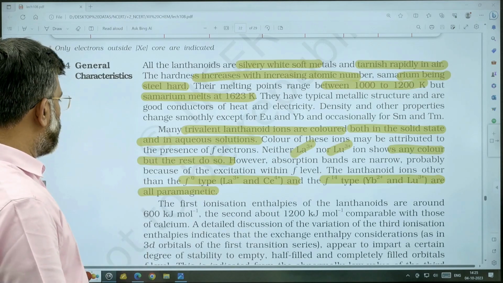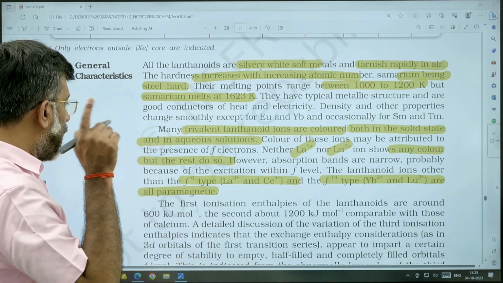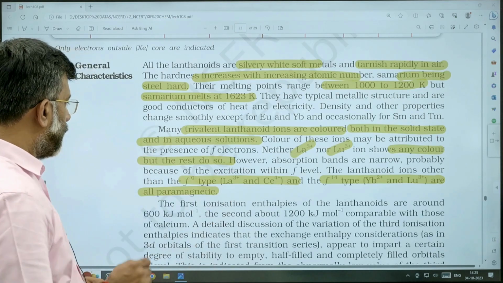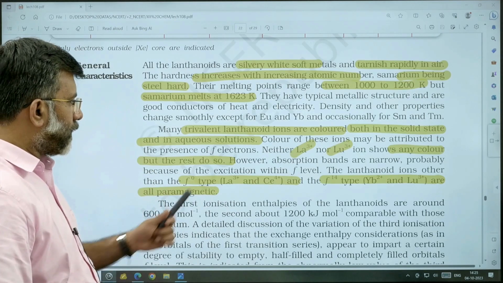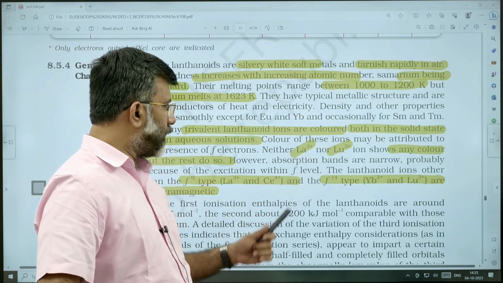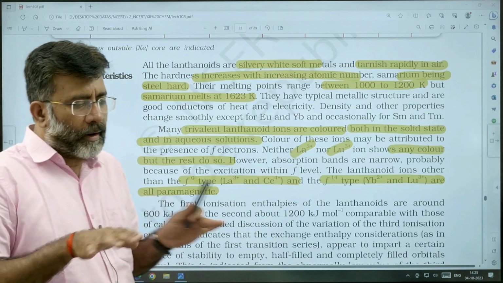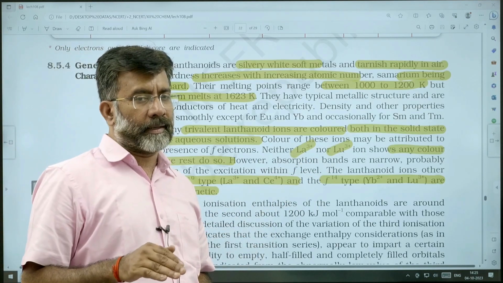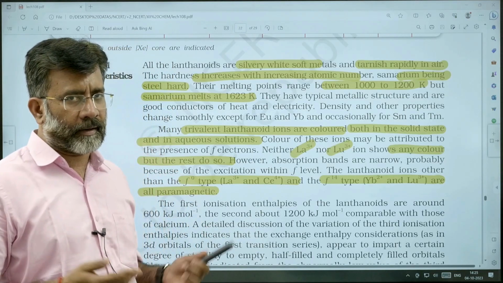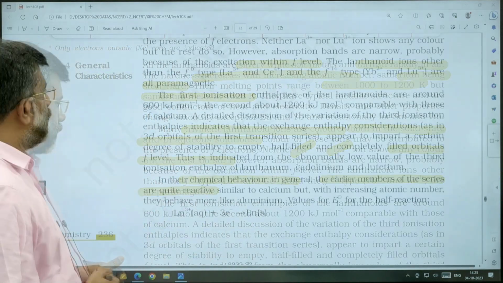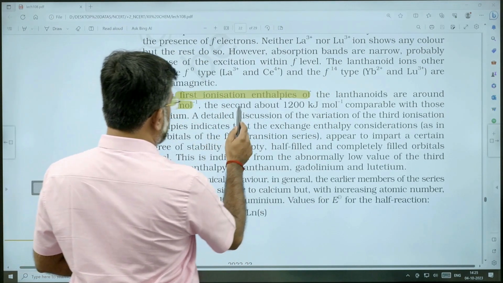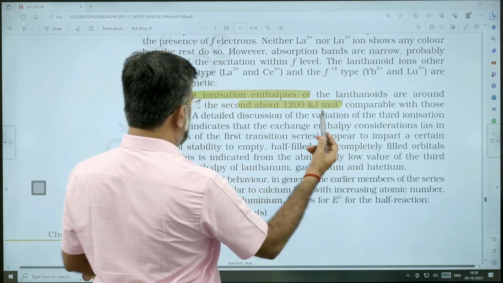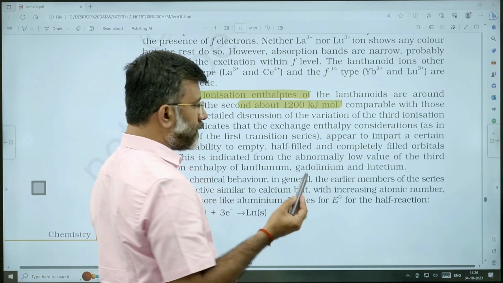The lanthanide ions other than lanthanum 3+, cerium 4+ (f0 type), ytterbium 2+, and lutetium 3+ (f14 type) are all paramagnetic, while these are diamagnetic, with no unpaired electrons. The first ionization enthalpy is around 600, the second around 2200, comparable with calcium.